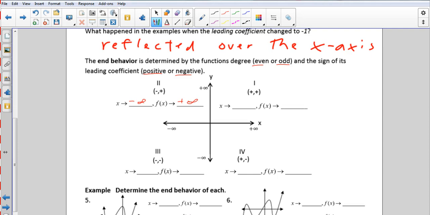How you read this is: as x approaches negative infinity, f of x approaches positive infinity.